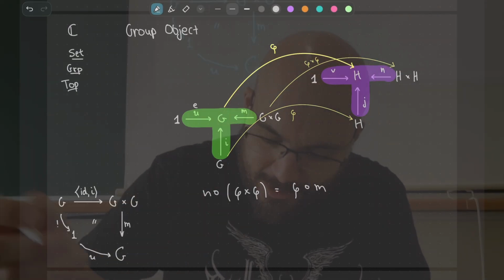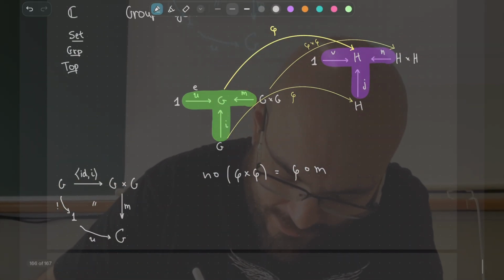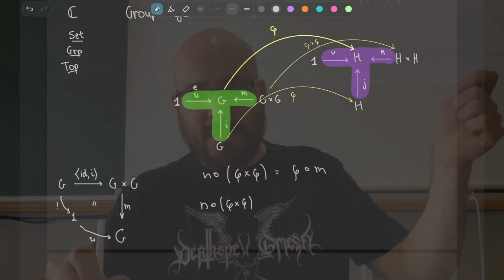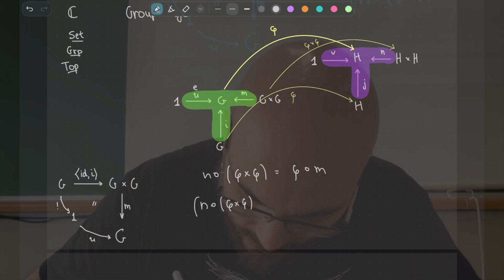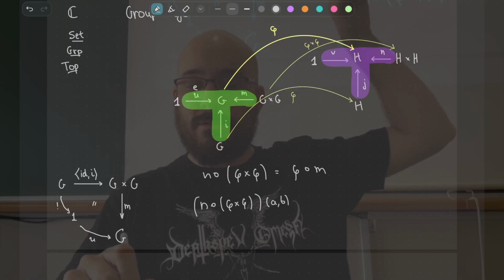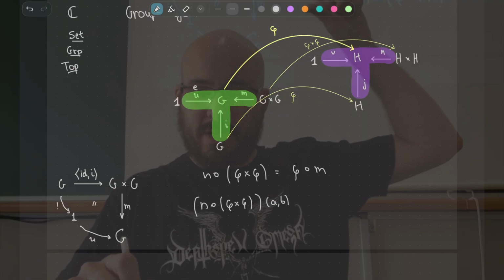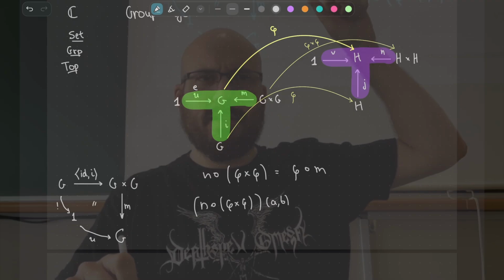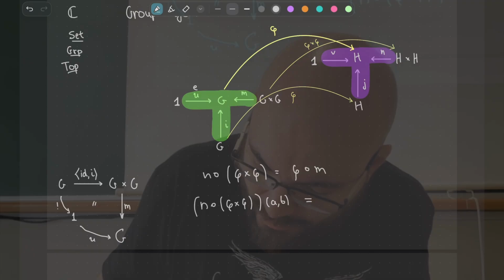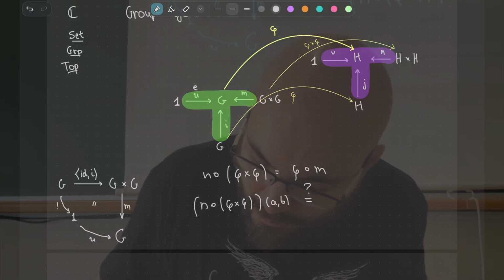So if I give it the arguments it needs, what is the type of argument I need to give here? It's phi cross phi, so I need to give it a pair of things. Let's call them A, B. Where do A, B live? What's the type of A and B? Yes? Then in G, right?